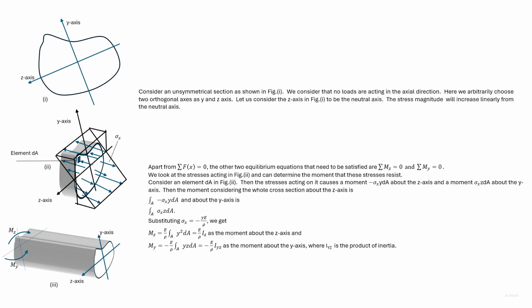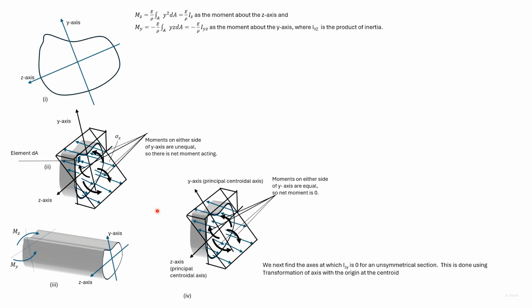It needs to be pointed out that the Mz and the My we have found by considering an arbitrary neutral axis are in a given proportion to each other. Earlier we considered the z-axis as the neutral axis or the axis of zero stress. The corresponding stress distribution was examined.